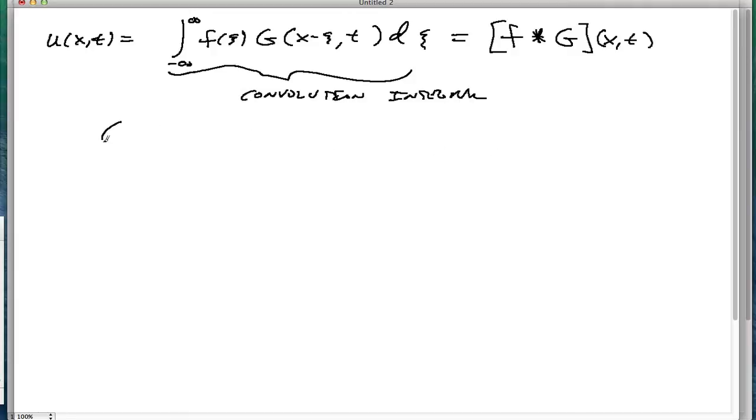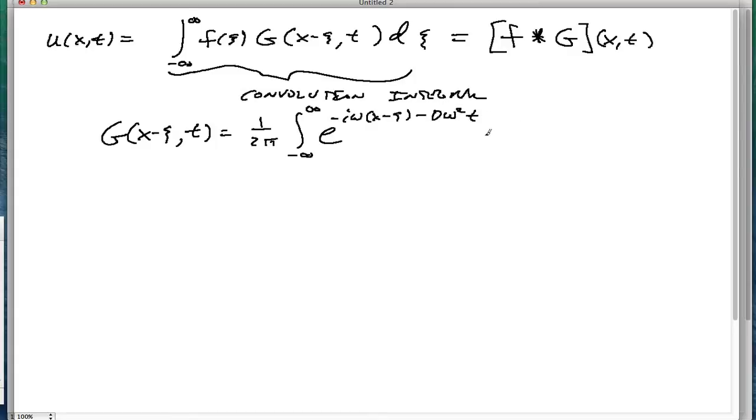Again, we have to write down what g is. G of x minus c, t was this integral, 1 over 2 pi, integral from negative infinity to infinity of e to the negative i omega times x minus c, minus d omega squared t, d omega.